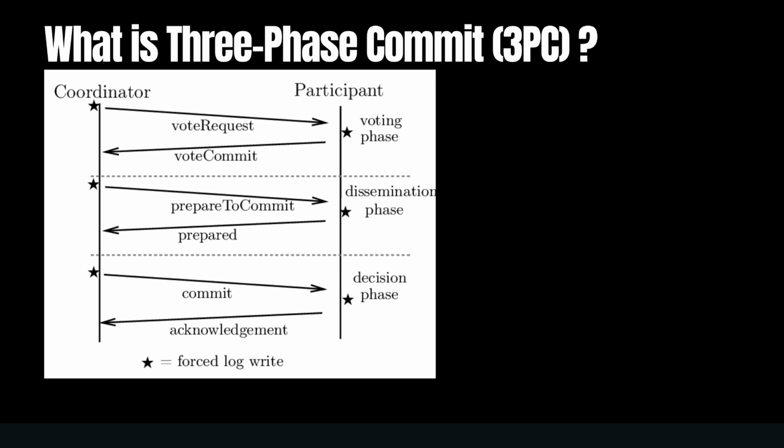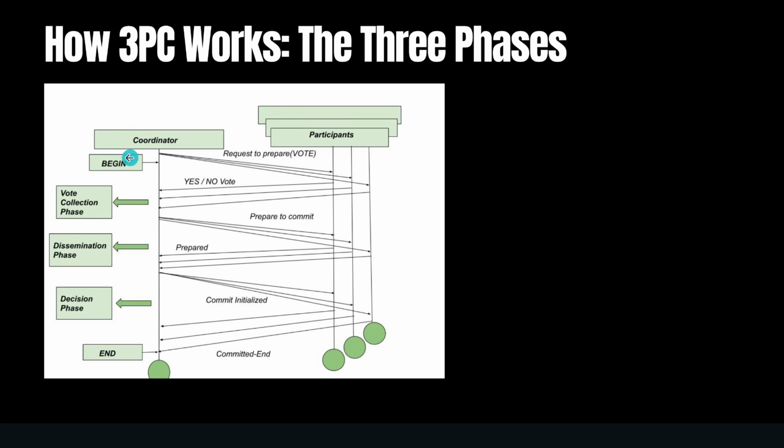Network partitions are those which prevent participants from talking to any other node. It adds an extra phase to allow participants to make a local decision even if the coordinator fails, thereby releasing locks sooner. Okay, let's try to understand how it works.